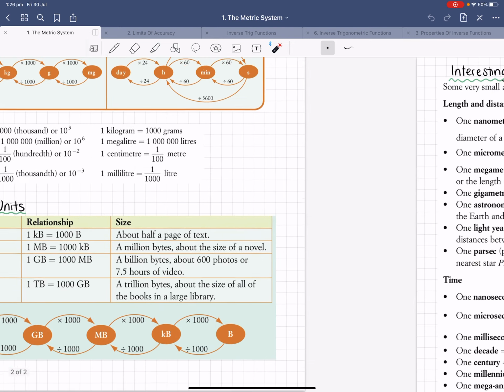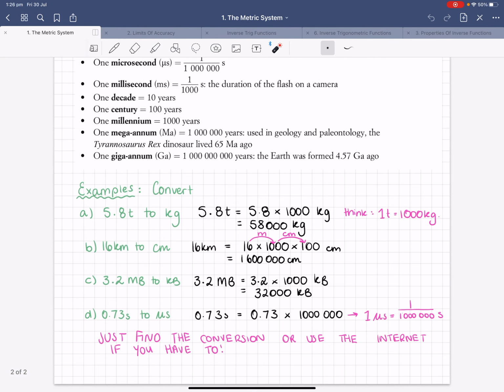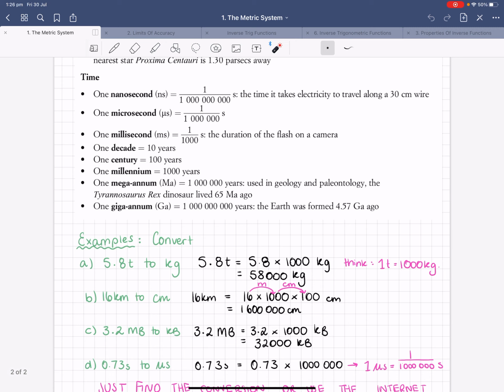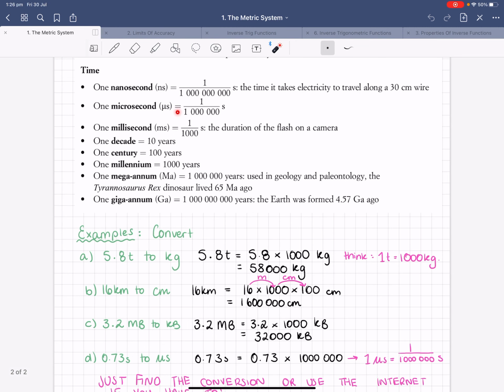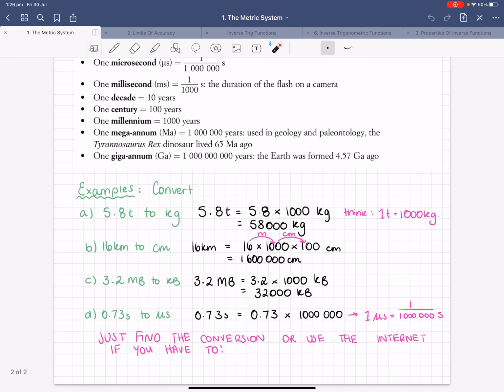Kilo, 1,000, etc. All right, 0.3 seconds to this little symbol. As you can see, we saw that earlier, which was microseconds. If 1 microsecond is 1 millionth of a second, we kind of want to go the opposite direction.